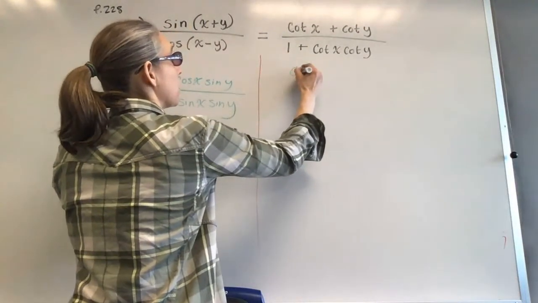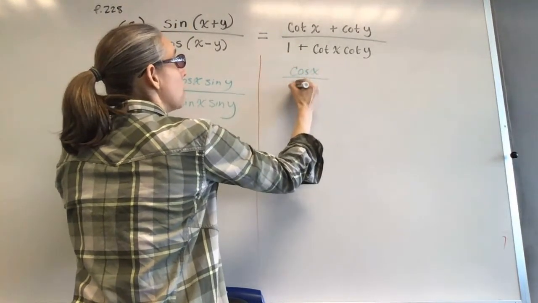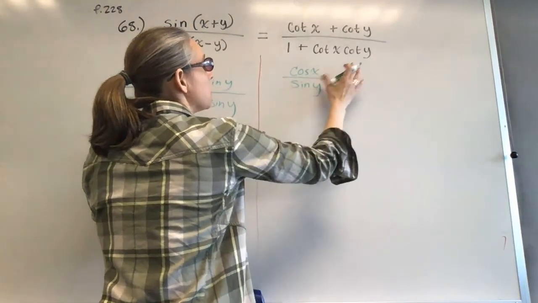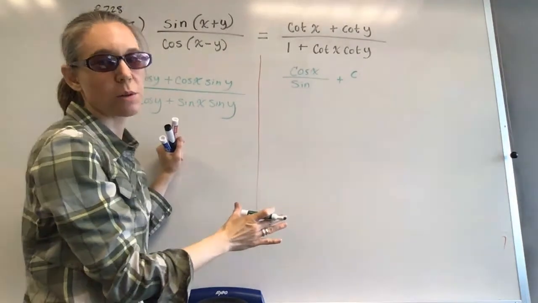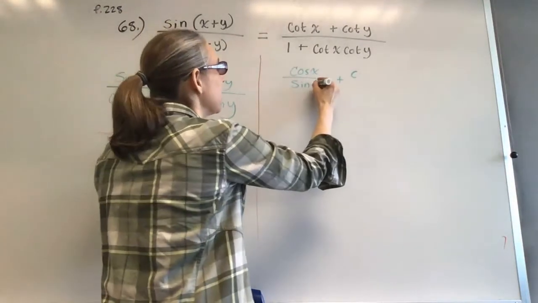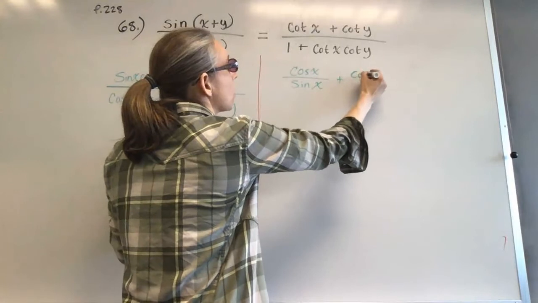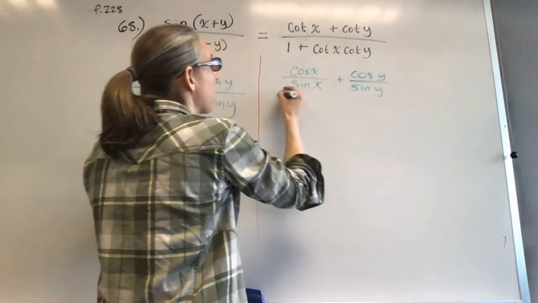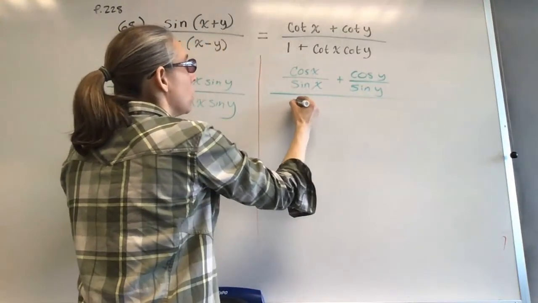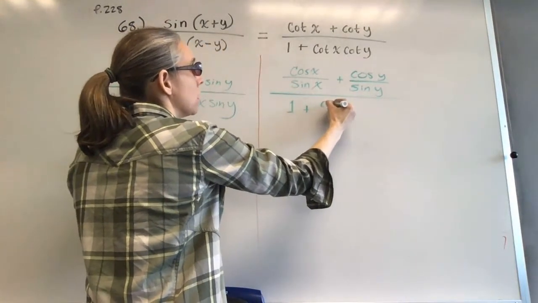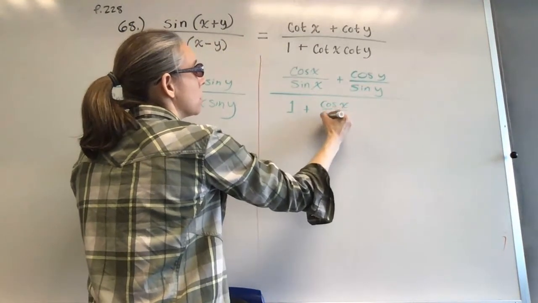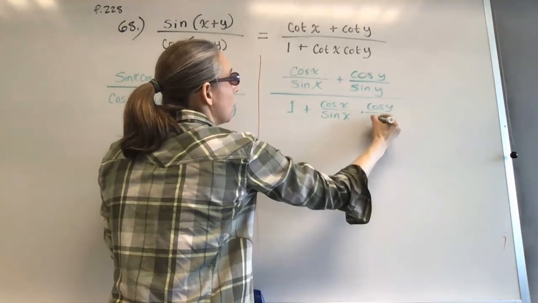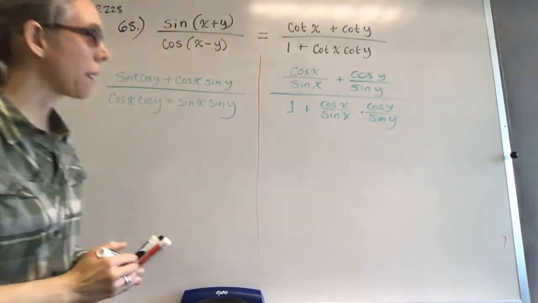So here we have cosine x over sine x plus cosine y over sine y, and then 1 plus cos x over sine x times cos y over sine y.